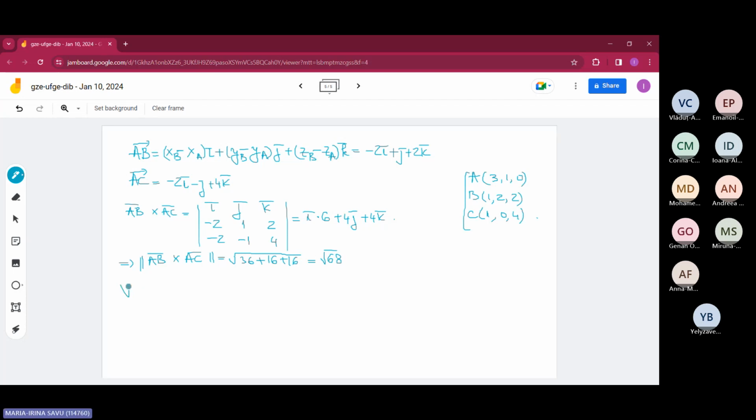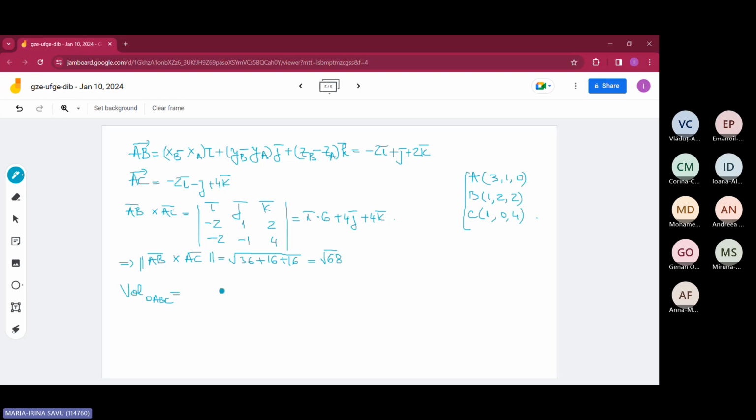Okay, so you know that the volume is the area times the altitude over 3, and this is equivalent with 11 over 3, equals, this is actually 2 times square root of 17, right?